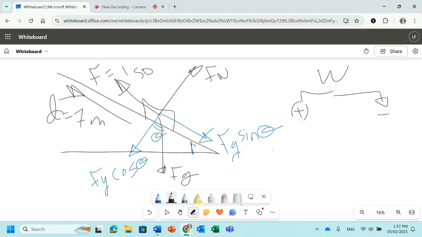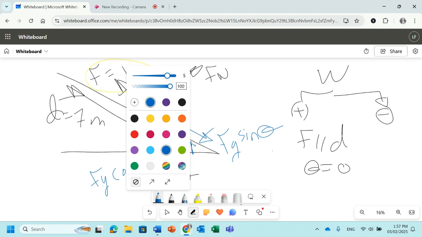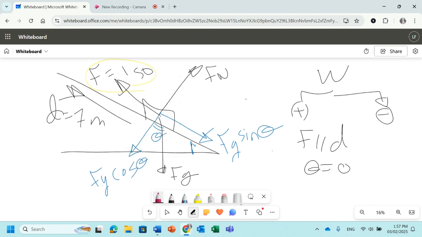I'm looking for positive and negative. Positive if F and displacement are in the same direction, which means the angle between them is zero. Which force can provide this option? The applied force, this one. It will provide us with positive work.